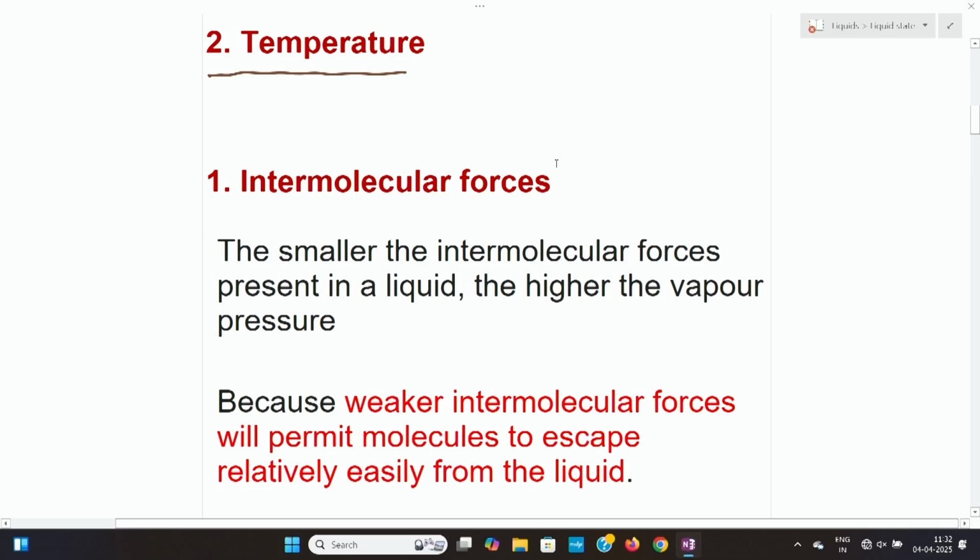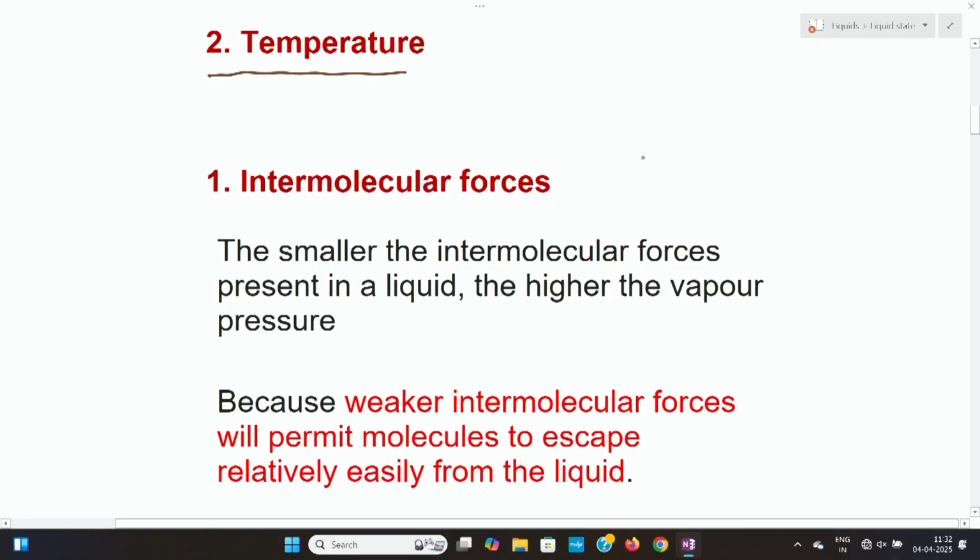If the intermolecular forces are small, then the vapor pressure will be high. That is the logic here. We know that in the case of liquids, the molecules are arranged like this and there is some free, empty space between these molecules.